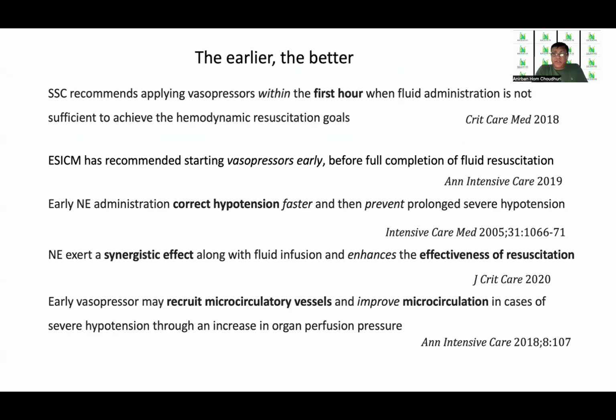Now, most of the literature suggests that vasopressors and or inotropes should be used early, because the sooner they are used, the beneficial effects probably accrue to a greater extent, and this reduces the chances of complications. So the Surviving Sepsis Campaign recommends applying vasopressors within the first hour when fluid administration is not sufficient to achieve the hemodynamic resuscitation goals.